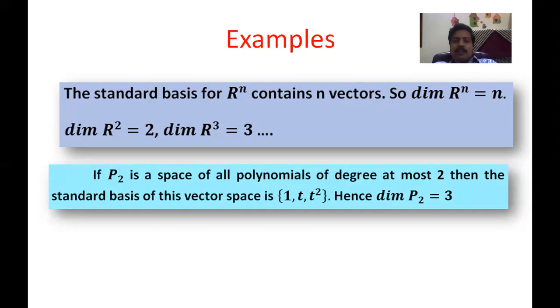Using these three vectors, you can form any typical vector in P2. So there are three vectors in the basis of vector space P2. So we can say that the dimension of P2 is 3.